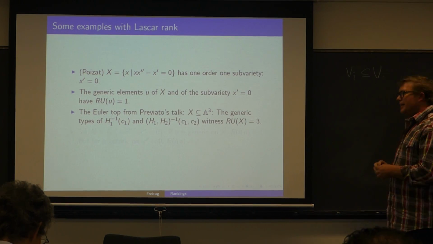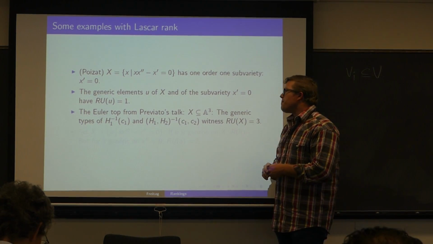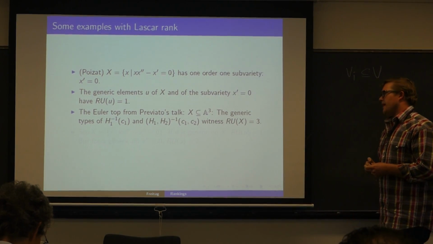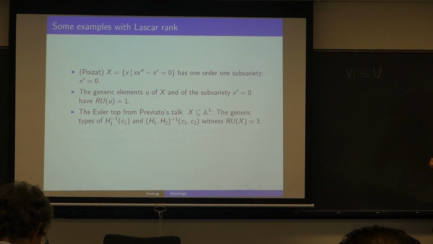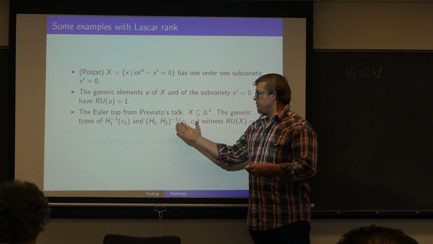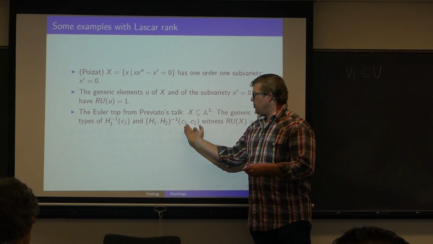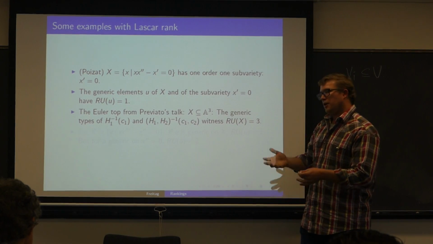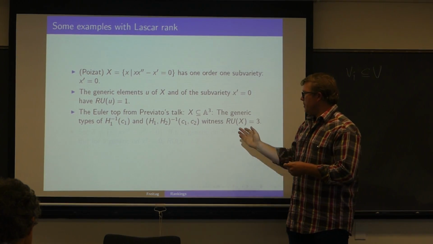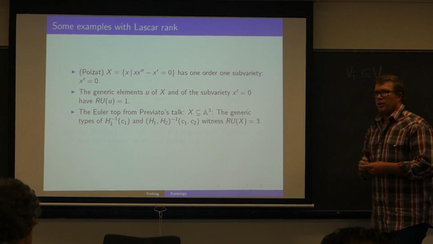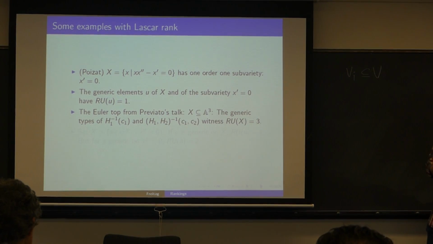Okay? So just to go back again to this example from the previous talk, so you take this subset X in an affine 3 space. So if you think about the inverse image under the H maps of some constant, which is in a field extension of your original base field, so the C1 and the C2 are in some extension of K, then these witness the conditions that you need to show the generic type of that variety has U rank 3.